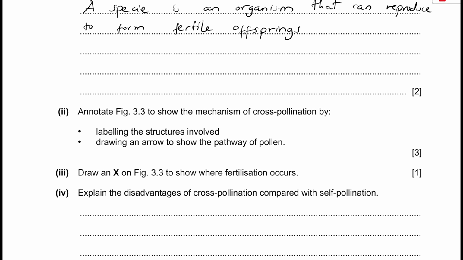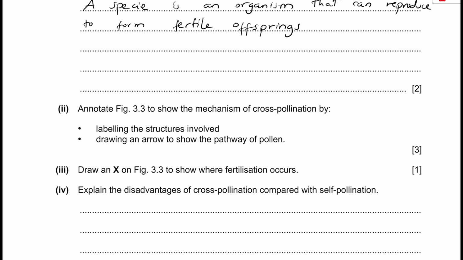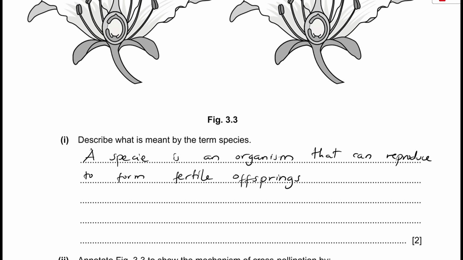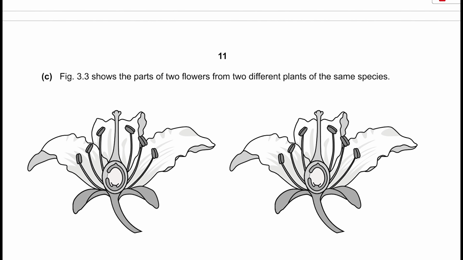Roman 2 says annotate figure 3.3 to show the mechanism of cross-pollination by labeling the structures involved, drawing an arrow to show the pathway of pollen. Alright, so the pathway of pollen will actually be from the anther to the stigma of the flower. So let's assume it's coming from this anther to this stigma over here.